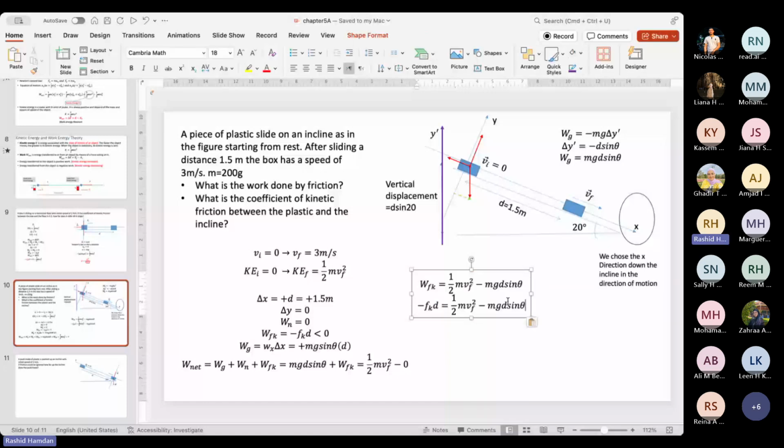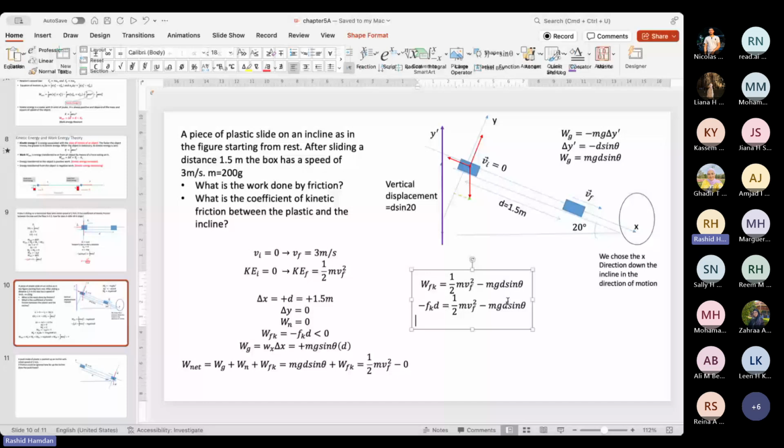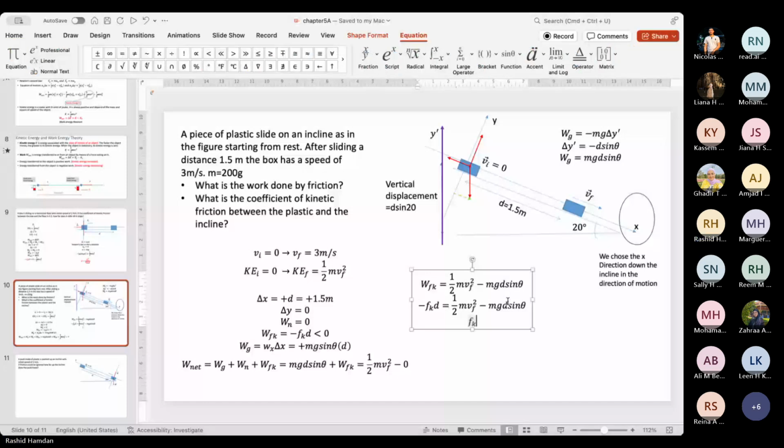So I get fk is equal to 1 over 2 m v final square over d. Let's take this 2 and put it below, and minus mg d home cancels out sine theta.